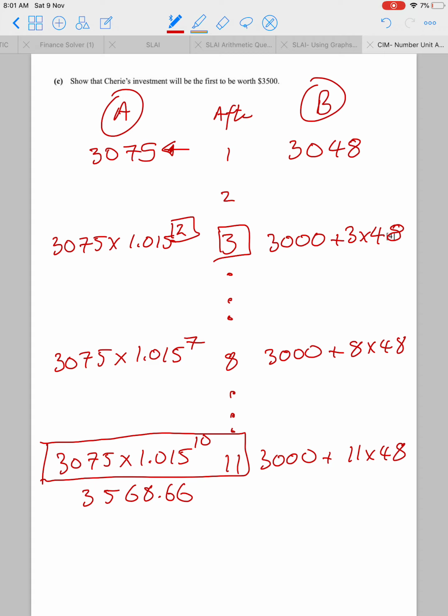So I've certainly gone over 3,500, and on the other side I have got 3528 here. So you really want to check what happens at 10 years. So at 11 years I've definitely got more than 3,500, but let's check what happens at 10 years.